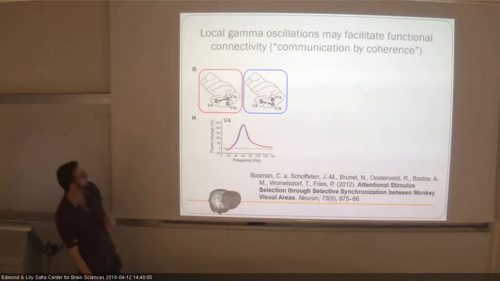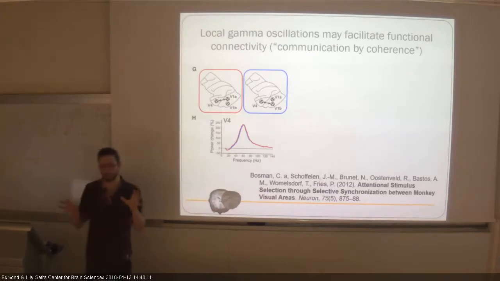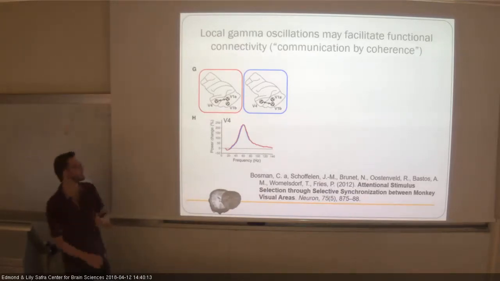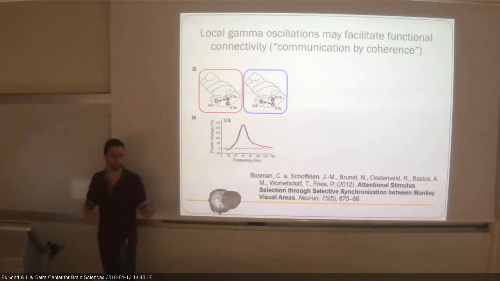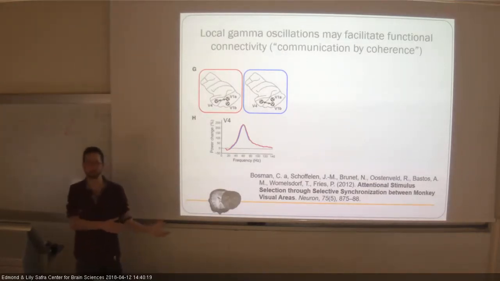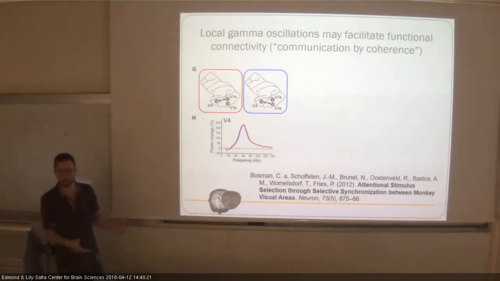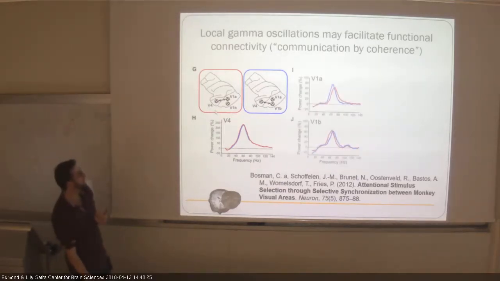So if this is V1, then these are two receptive fields corresponding to two different stimuli. But these two receptive fields were associated with the same V4 receptive field. Okay, so the V4 receptive field is larger. It receives input from several V1 receptive fields.